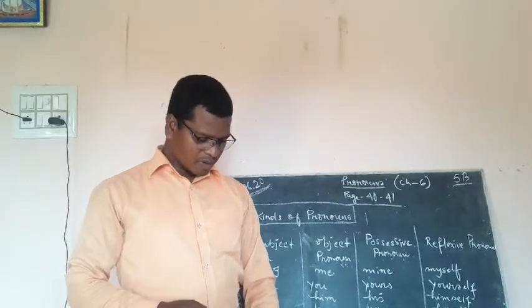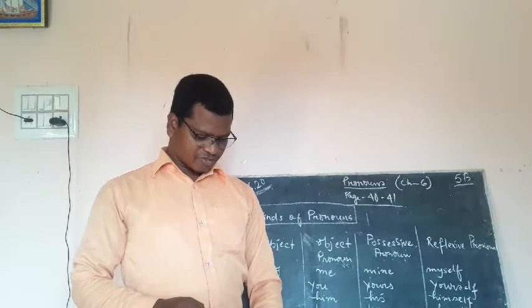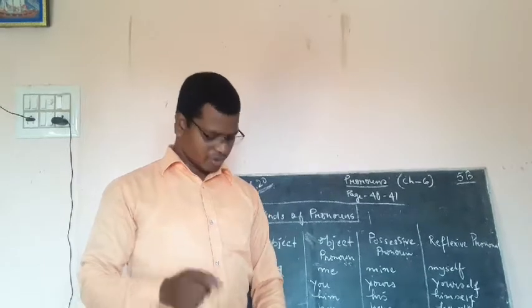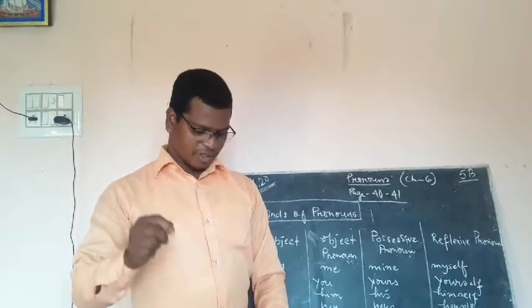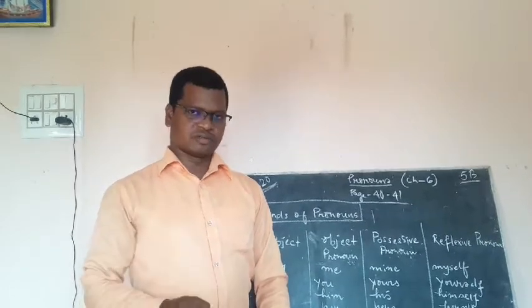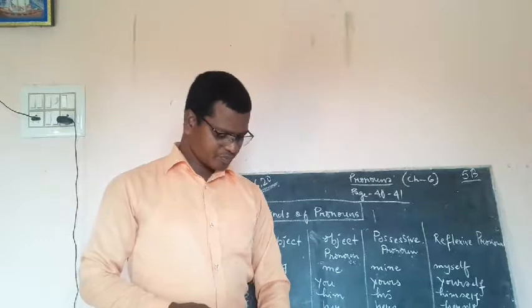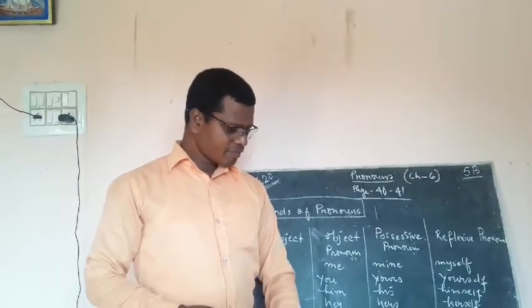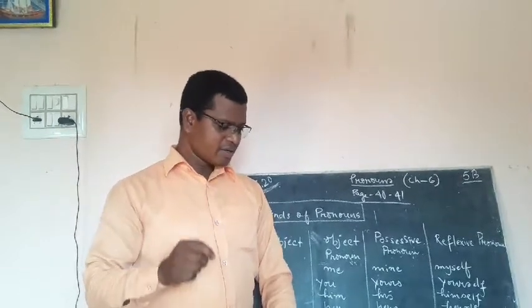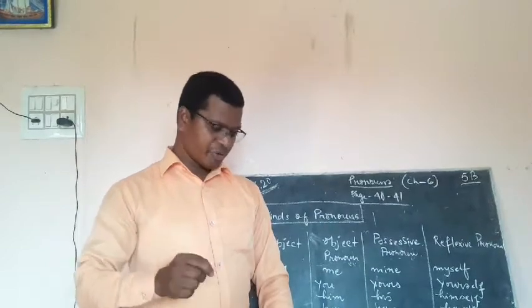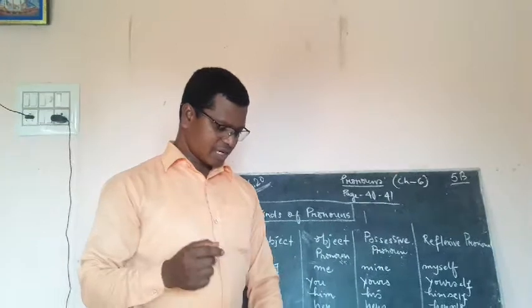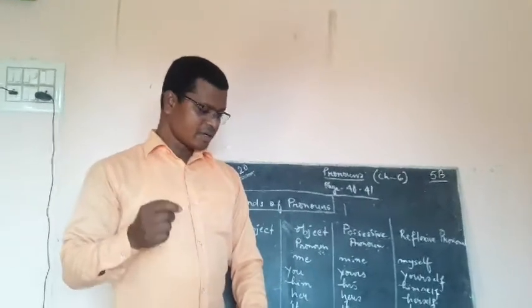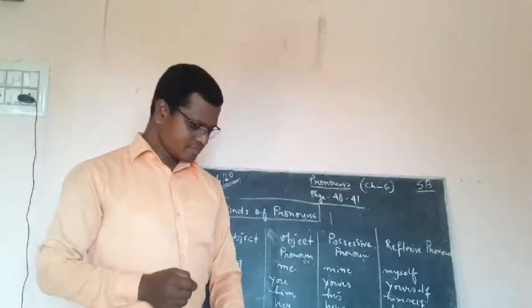Number 2, dash chose the dress for dash. So here we can write, I chose the dress for him or her. That is according to you. Let's see number 3. Did he hear you sing? You can write something else also, but here I have written, did he hear you sing?